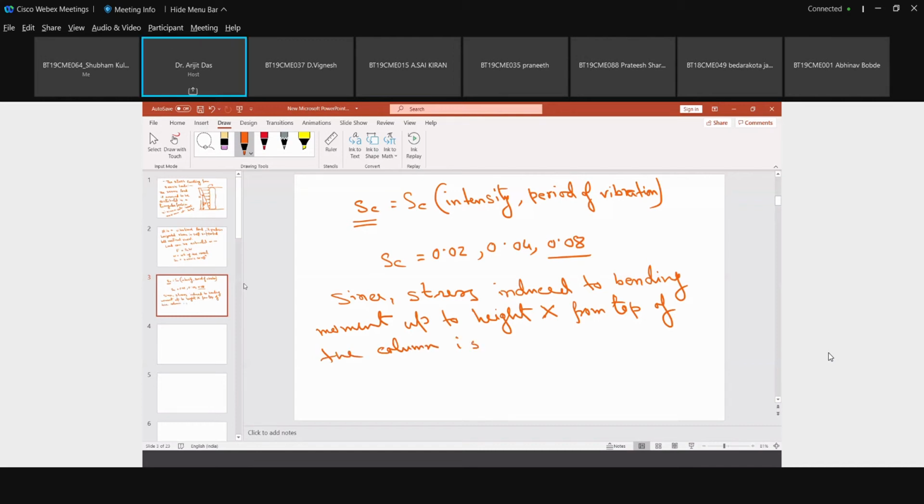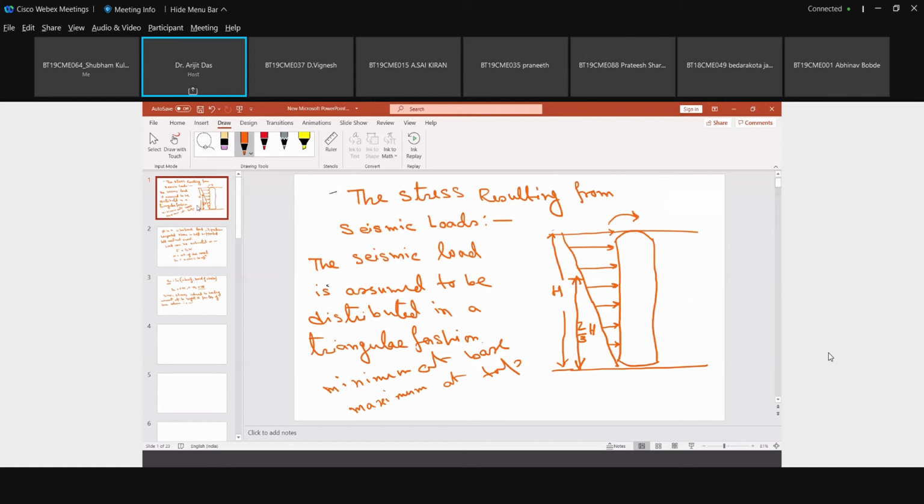So here we are considering from the top of the vessel. Suppose this is the x distance. So x equal to 0 at the top, x equal to h at the bottom.